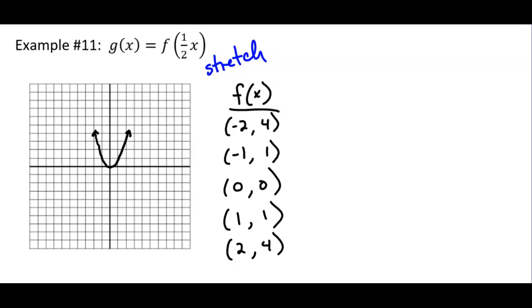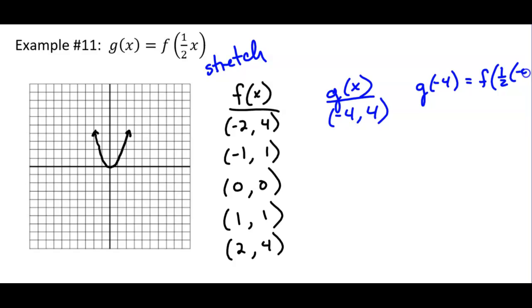Not all math is exciting. Okay, most of it is. Okay. So now for f of -2, we've got to put in a -4. We've got to double that. So when we plug in -4, we get g of -4 is equal to f of 1/2 of -4. And half of -4 is -2, and we know f of -2 is 4. So that's how we're getting those points. So we're going to double these. So doubling the input to get the same output.